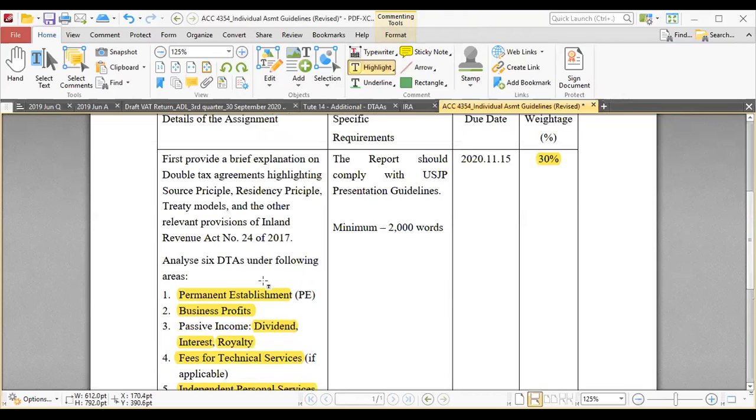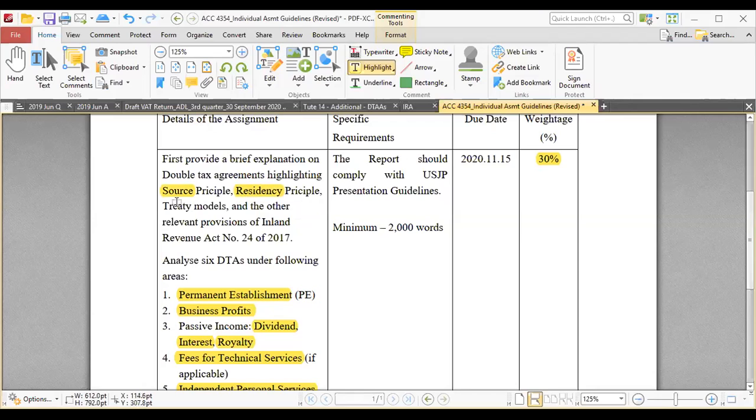Before moving to the article analysis part, you need to discuss a brief introduction: what the DTA is, highlighting the source principle, the resident principle, and the models.